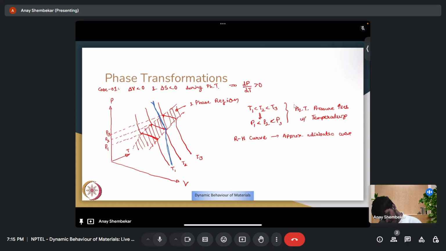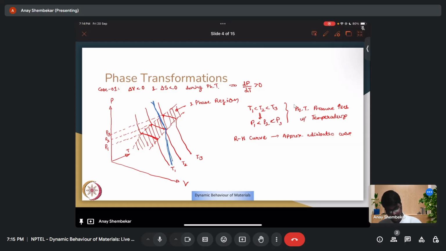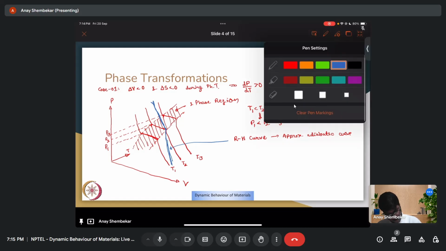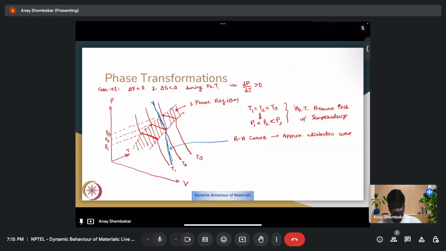Again, this is in 3D. This is my RH. If we take a 2D representation, this is the PV plot, and here, the isotherm, if I have to plot, starts looking like this.